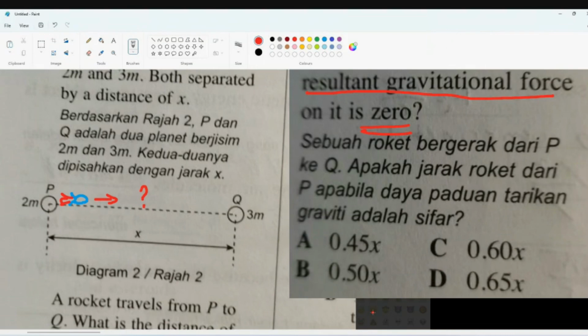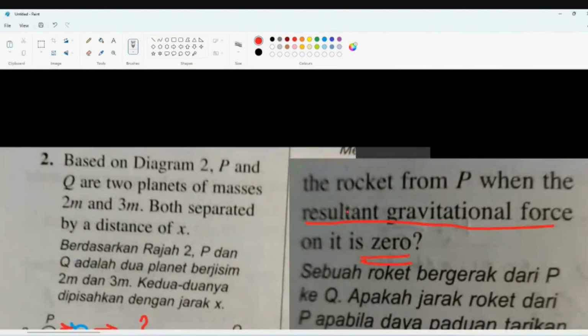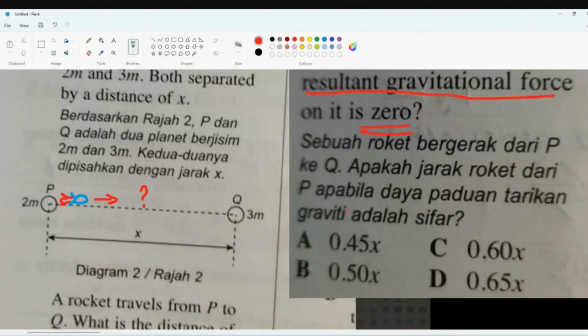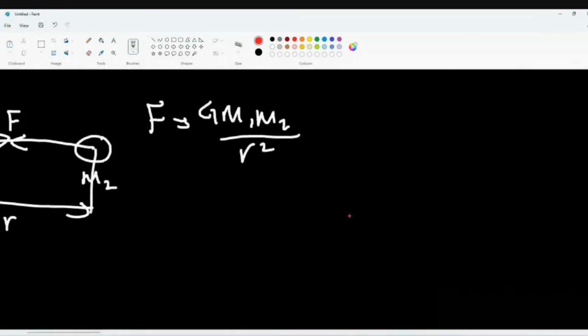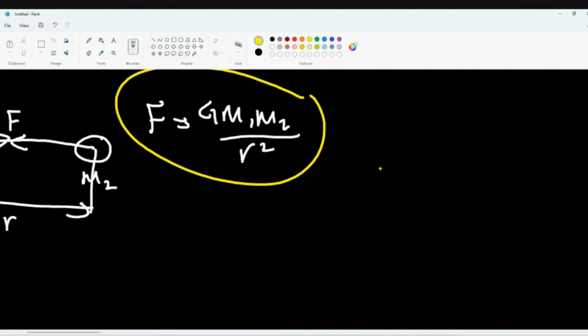The question is looking for the rocket's distance from P. I give you a hint: you have to apply this formula, because this is the one for gravitational force between two bodies.